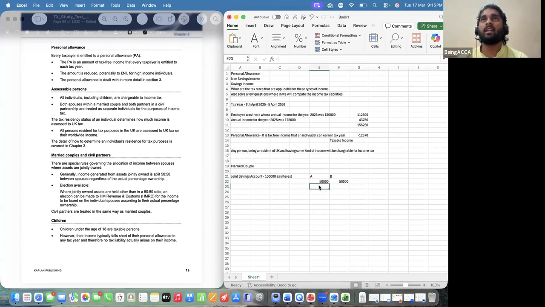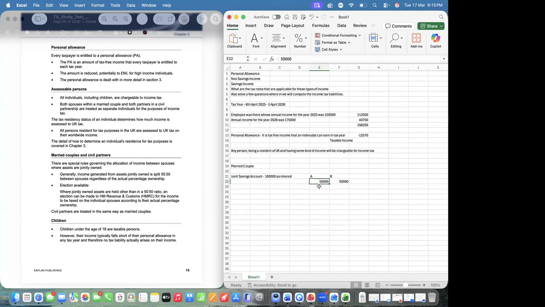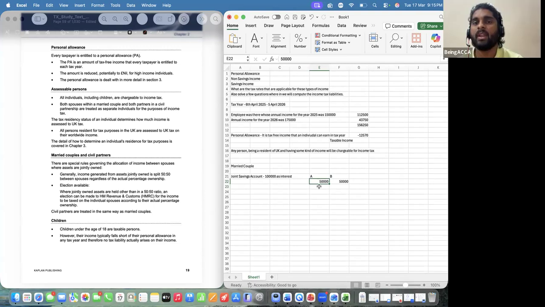Let's say A says, I contributed 70% into this account, so I want 70% and the other 30% will be to you. In that scenario, it will be split according to the ratio that they have mentioned. In the examination, that ratio will always be mentioned. If that ratio is not mentioned, it should be split equally between the partners. Clear?